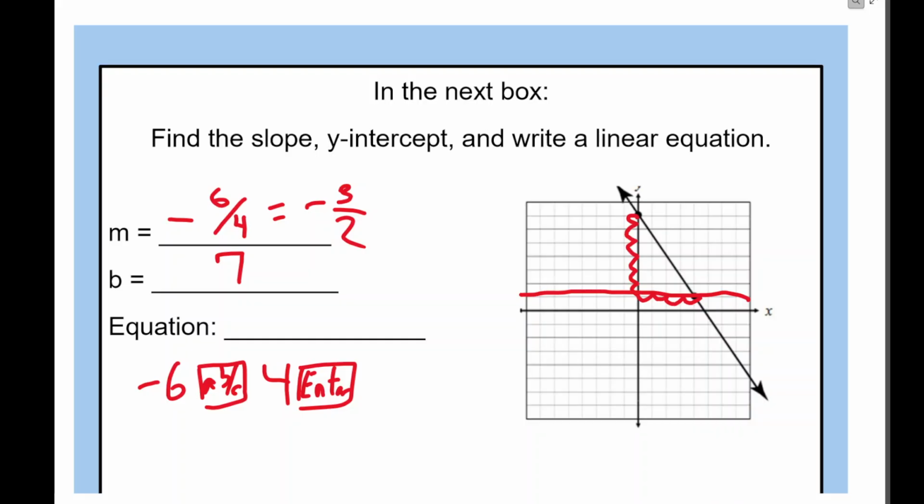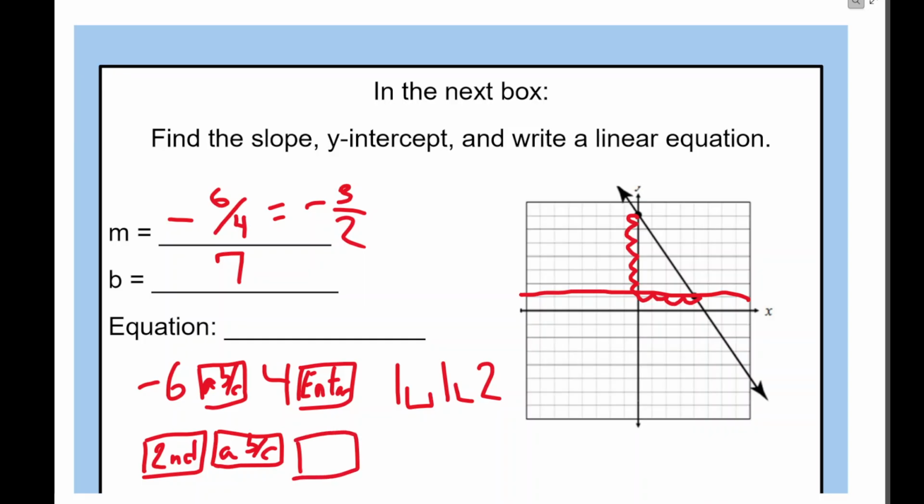Then you would hit second, A B/C, and it'll say answer and give you a long command, then just hit equals again. That'll change it to negative 3 over 2, and that's your fraction.